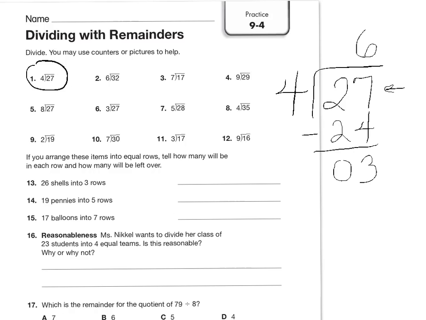Now that I see my remainder down here, my leftover piece is smaller than my divisor of 4, so I am finished dividing, because if I was to take 4 from 3, it's too small. I can't take another whole 4. So up at the top I have 3 left over.